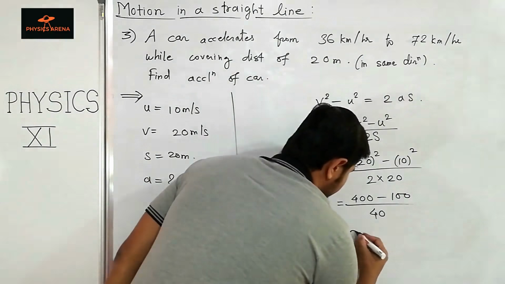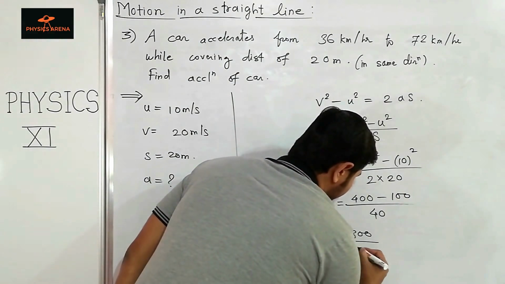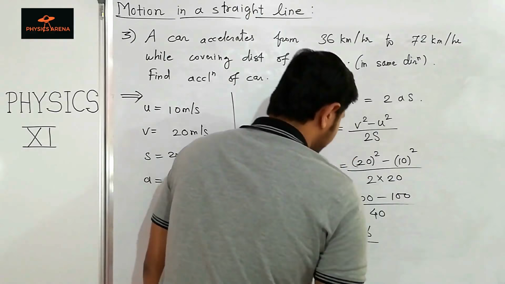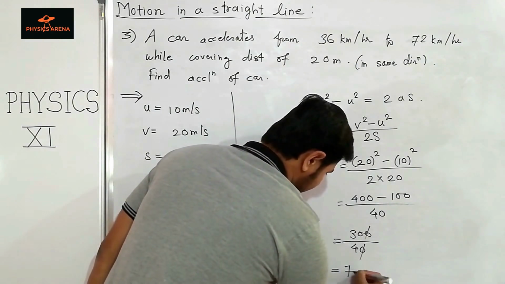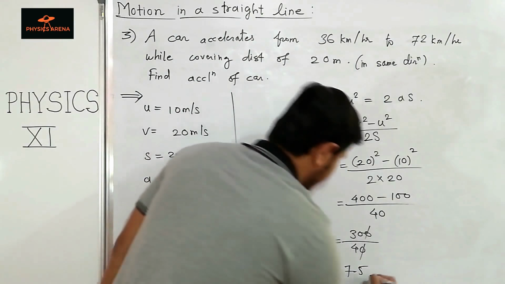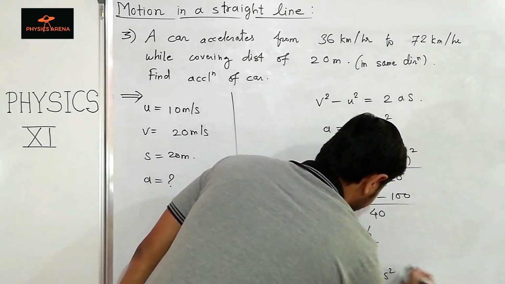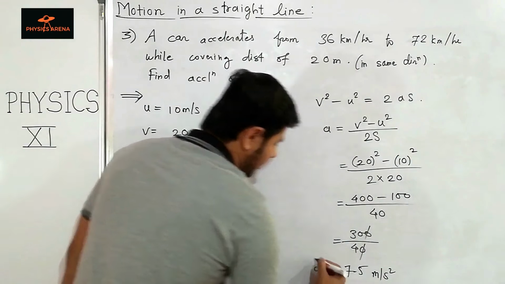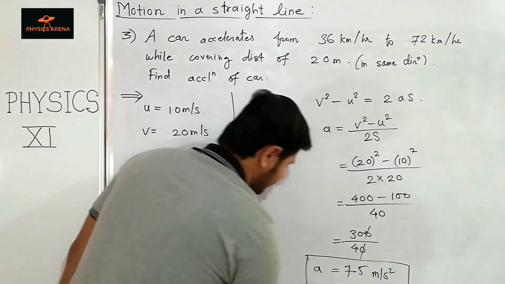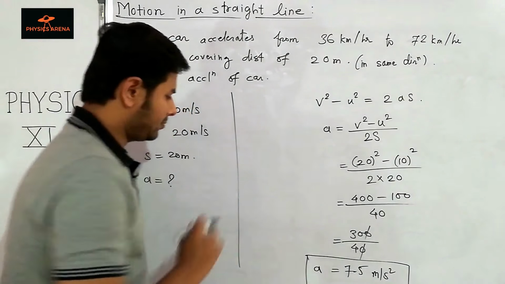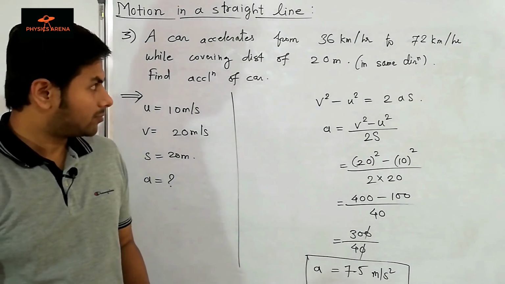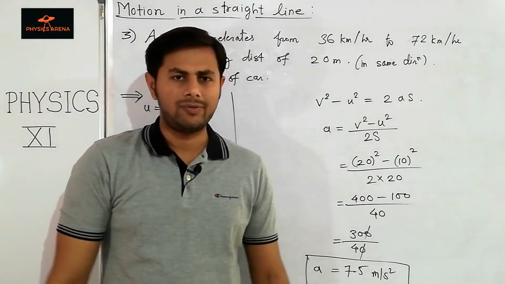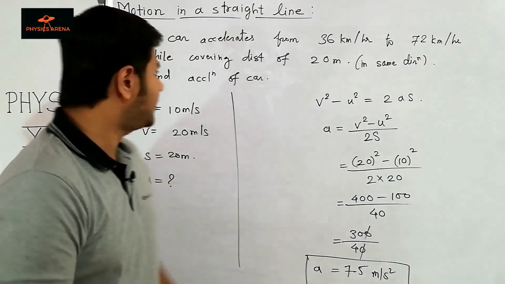So this is 300 divided by 40. The zeros get cancelled, 30 by 4, and I guess this is 7.5 meters per second squared, because this is acceleration. Okay, so this was a simple problem. Let's move on to the next one.